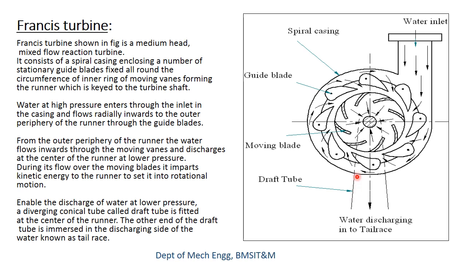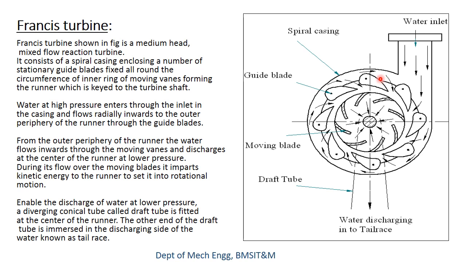Now there is a draft tube present in the Francis turbine. Here we can see that a portion of this draft tube is drawn in dashed line, meaning it is hidden.